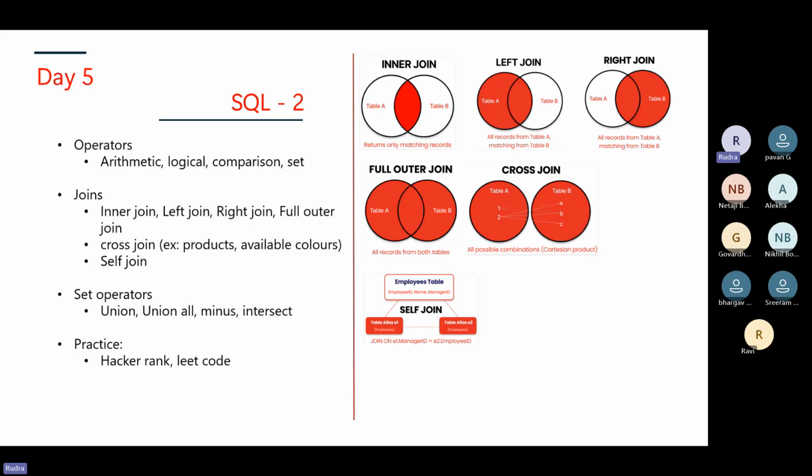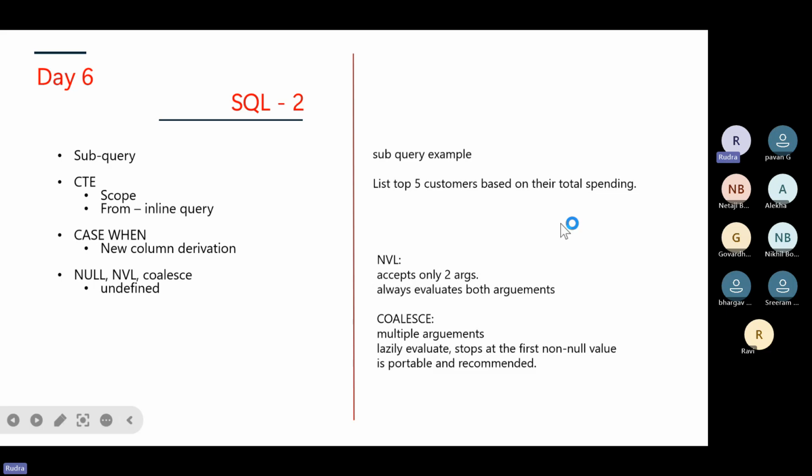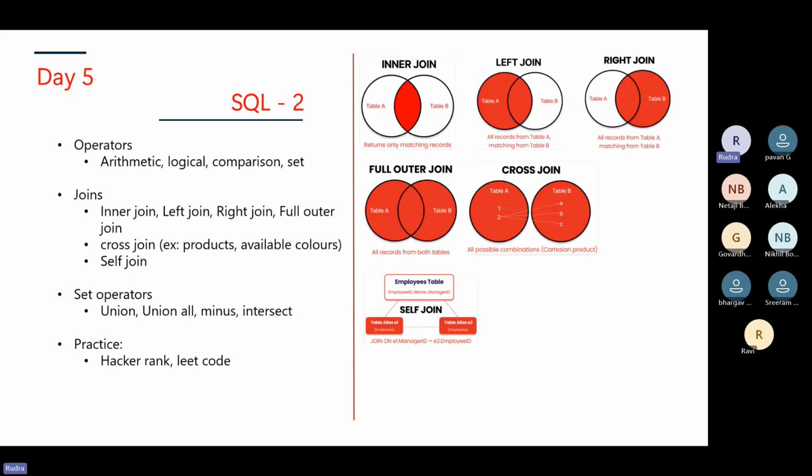So if I have 2 records over here and 3 records over here, it will give me 6 records, because the first record will be combined with the 3 records, and the second record also with the 3 records. Very rarely will we use this cross join.